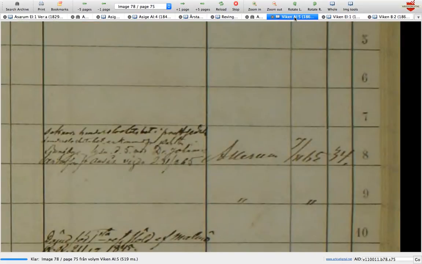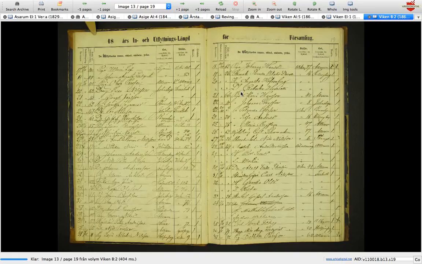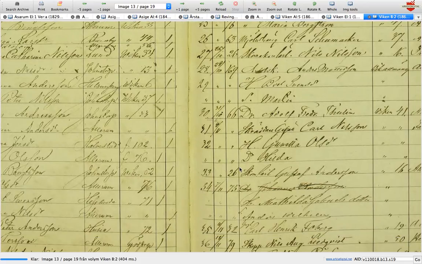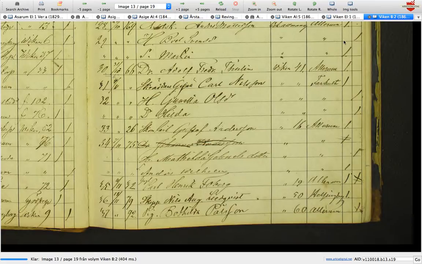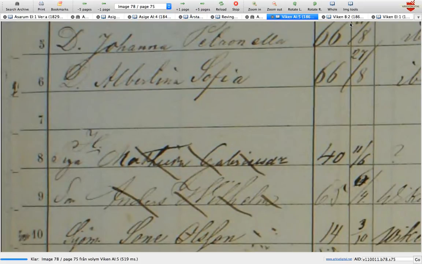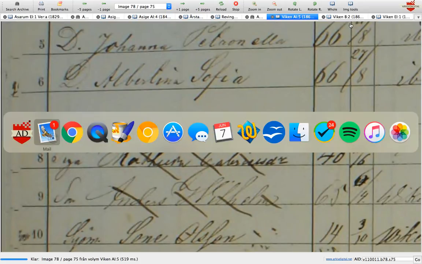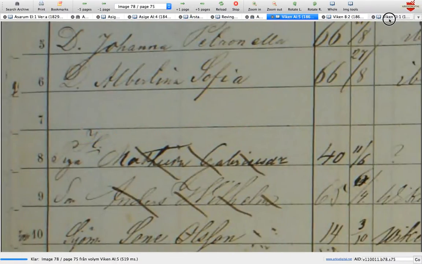And then we had a number here. It's number 34. Moving in, moving out. 711 34, and her name is Katarina Gabrielsdotter. Matilda, what is it? Matilda Gabrielsdotter. Cool.